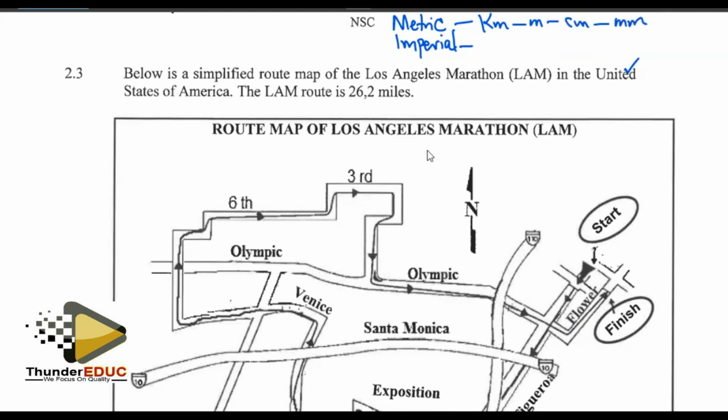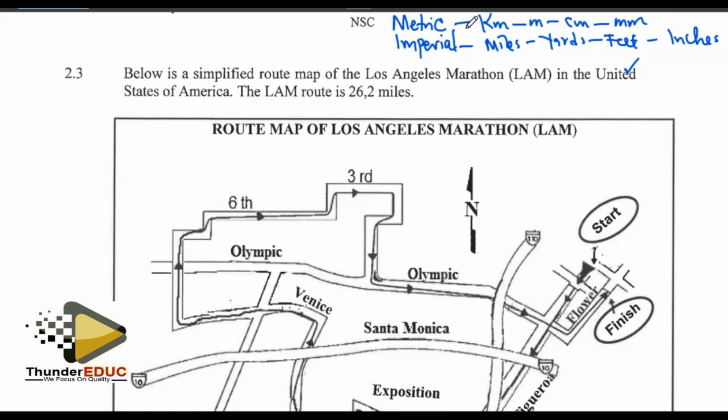Whereas with imperial, we start looking at miles, after miles yards, after yards feet, and then inches. This is imperial. Let's keep that in our heads.